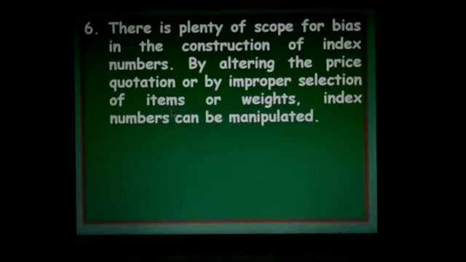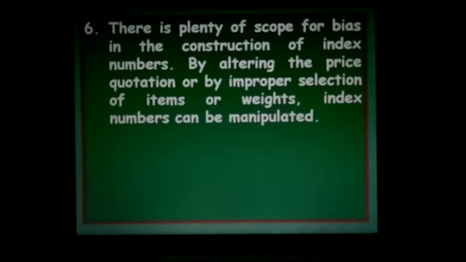When you are selecting items or applying weights, if it has gone improper and the proper one is not considered, then also there is a possibility of getting a wrong interpretation or wrong answer. Index numbers can be manipulated to get our desired results, which means improper conclusions may become possible once mishandling happens while constructing the index number.